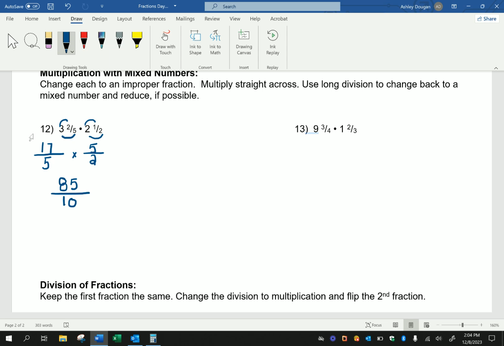This is an improper fraction. Since my problem had mixed numbers, I want to get my answer in mixed number form. And that's going to be the case with all of these that you'll work: if you start with mixed numbers, if possible, it's not always possible, but if we can, we want to get a mixed number answer.